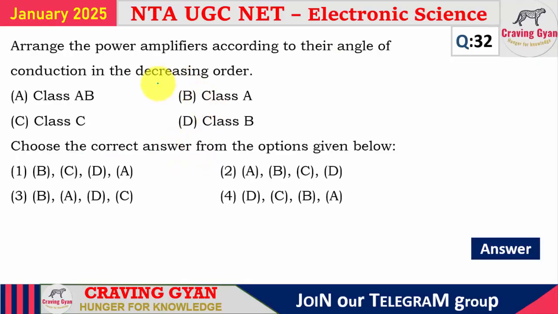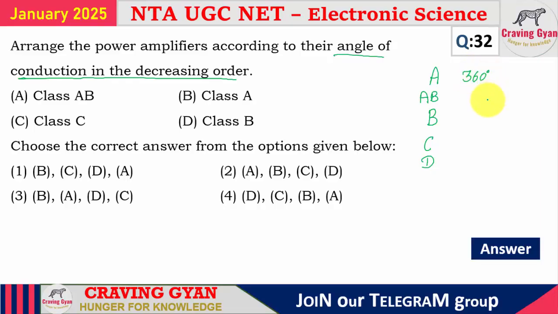In 32nd question, what they have given is, arrange the power amplifiers according to their angle of conduction. You just go through the previous year question papers, how many times they have asked. It's very much simple to remember. First you will be having class A amplifier, then class B amplifier. In between you will be having class AB, followed by class C, then D. What is the conduction angle in the case of class A amplifier?